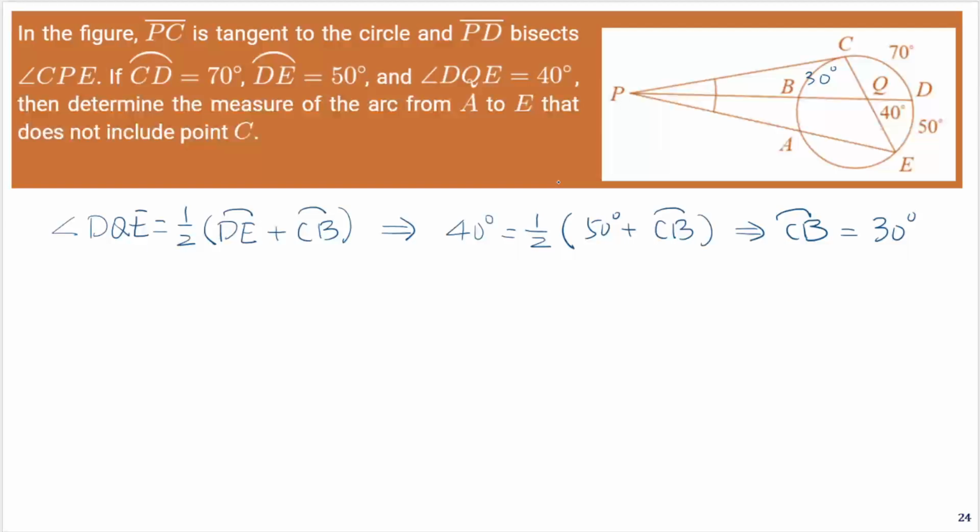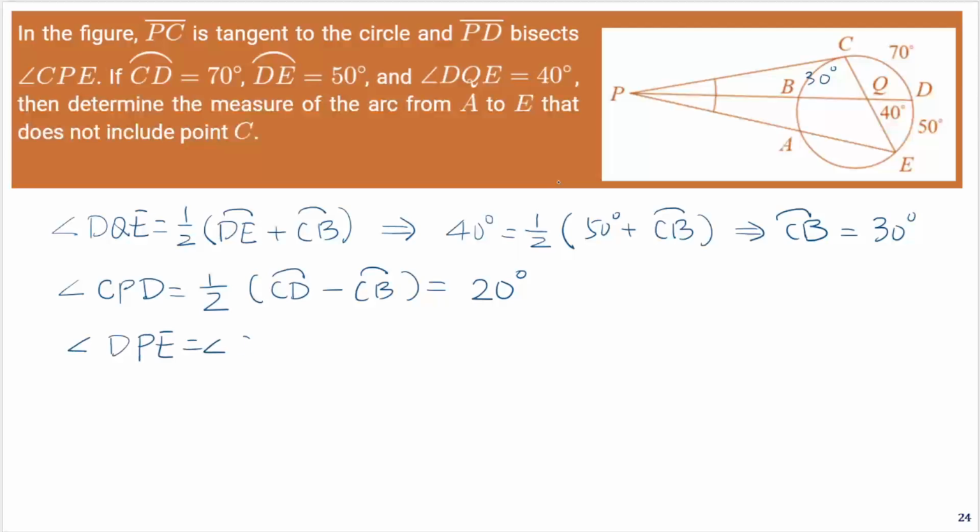And now we have CB, we could find angle CPD, right? Note that angle CPD just equals 1/2 of arc CD minus arc CB, and this is 20 degrees, right? If CPD is 20 degrees, since DP bisects angle CPE, we know that angle DPE is also 20 degrees, right?